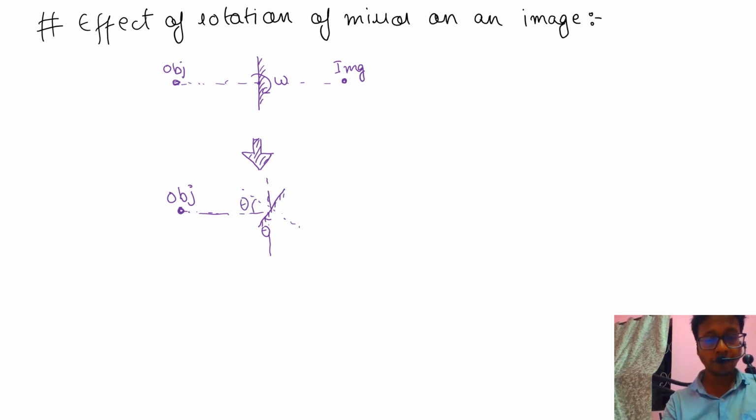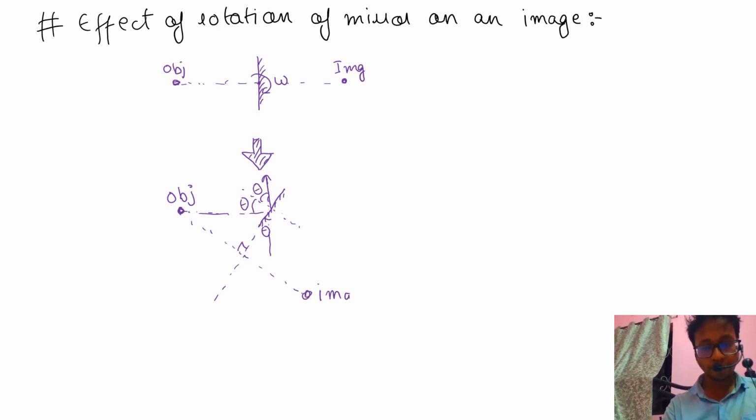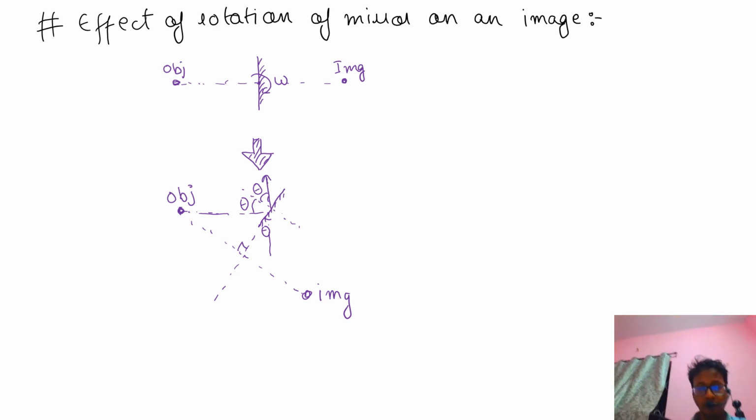So therefore the reflected ray will also go by theta. And where will the image be formed? Image will be formed somewhere along this line, a perpendicular normal at same distance. This would be our image.